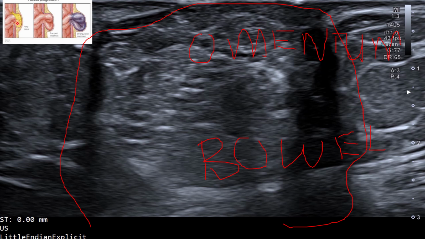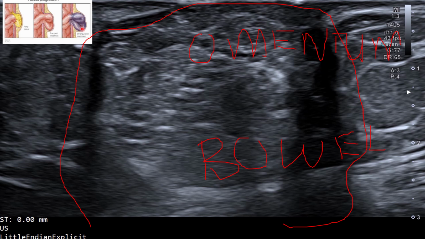You can also have intestines or bowels that go in, and after some time, because of the kink of the neck, it can kink the bowels there, and then the blood supply to the intestines is going to be compromised, as you can see.